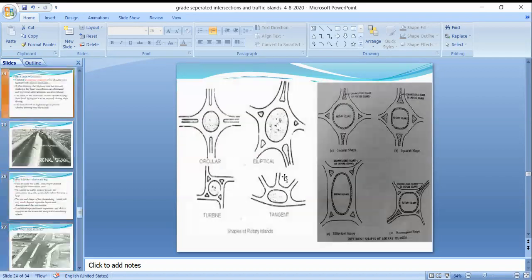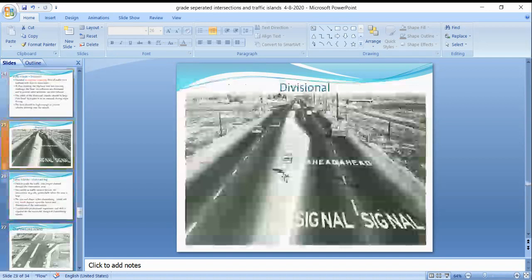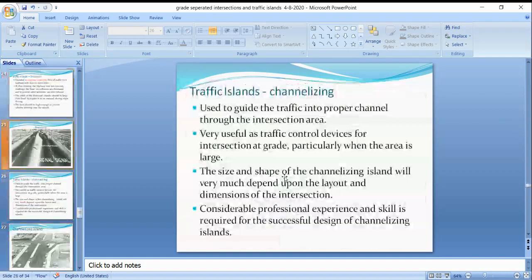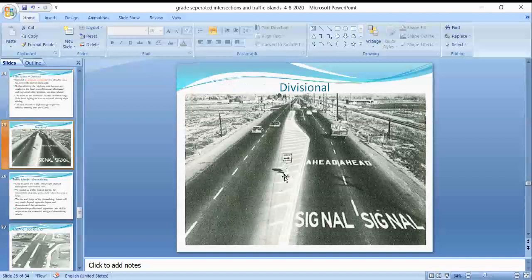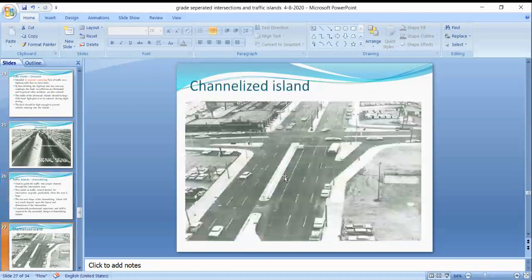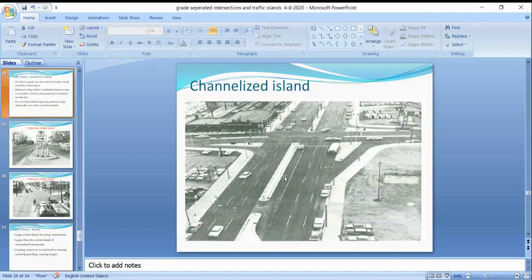In this figure we can observe the divisional island. Here we can see that in between the two one-way traffics, one divisional line is provided.